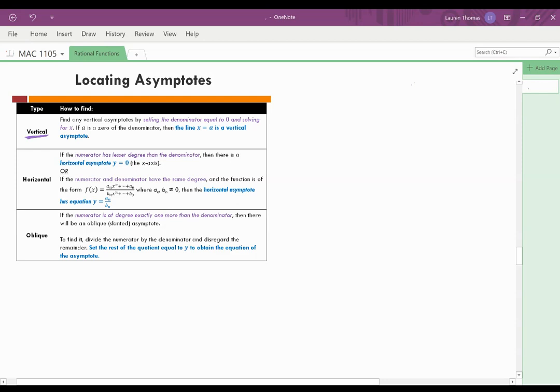Okay, so your answer for your vertical asymptote is always going to be in the form x equals a. So it's an equation for a line, needs to be in a line form, so x equals a. So what this would look like is if you had like r of x equals (x plus 5) over (x plus 6). If I'm looking for the vertical asymptotes, which you'll notice that I abbreviate them VAs, I'm going to set my denominator equal to 0.